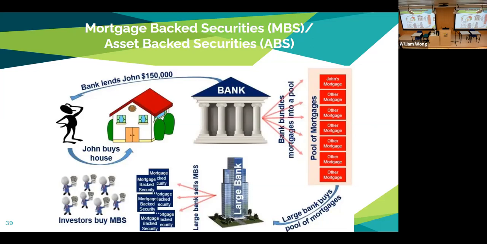Sometimes John may borrow $150,000, Peter may borrow $200,000, and then Will may borrow another $300,000. It's not uniform, right? The borrowing amount will fluctuate. Even the location. Let's say in Hong Kong, John may come from Kwun Tong, Peter may come from Ho Man Tin, and I may come from Hong Kong Island.